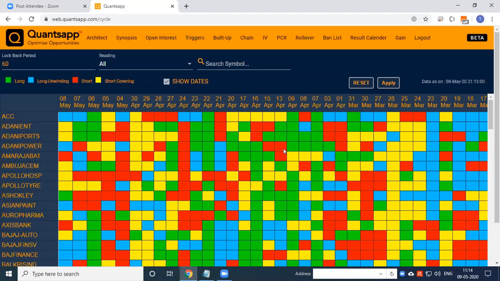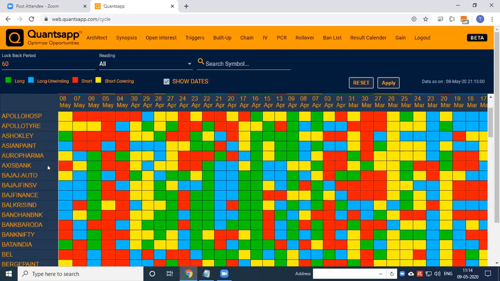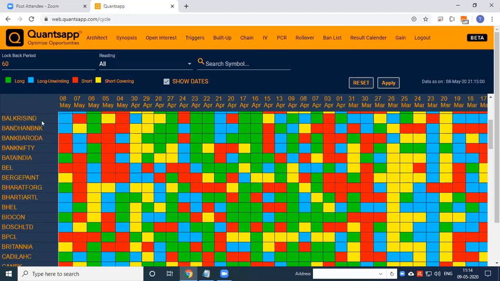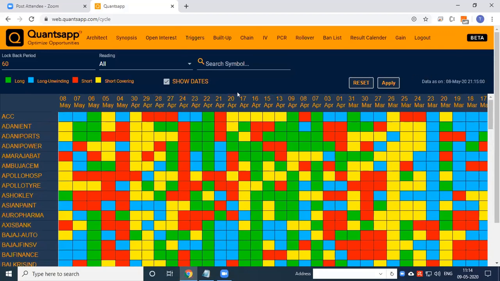So cycle is basically showing you, day on day, how the build-ups are taking place in any instrument. You have all the symbols on the left hand side, and the days on the upper side. You see that it's 8th May, 7th May, 6th May, and so forth. Green stands for long, blue stands for long unwinding, red stands for short, and yellow stands for short covering.